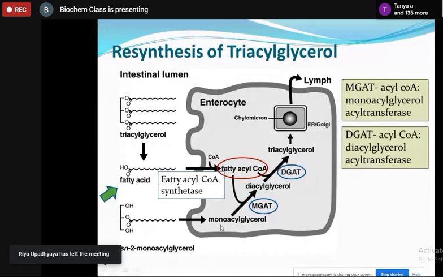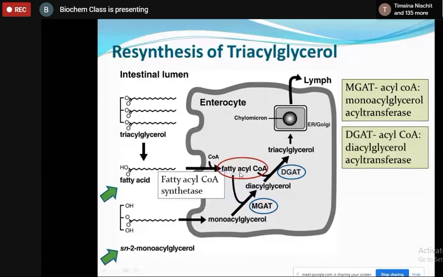Okay. So in the enterocytes, this triacylglycerol is remade. So you've got monoacylglycerol. Monoacylglycerol meaning there is glycerol plus one fatty acid esterified to it. So what happens then is another fatty acid comes and gets esterified to monoacylglycerol. Before that, the fatty acid is activated, converted to fatty acyl CoA. This comes and gets esterified to monoacylglycerol. The enzyme is monoacylglycerol acyl transferase, and you get diacylglycerol.